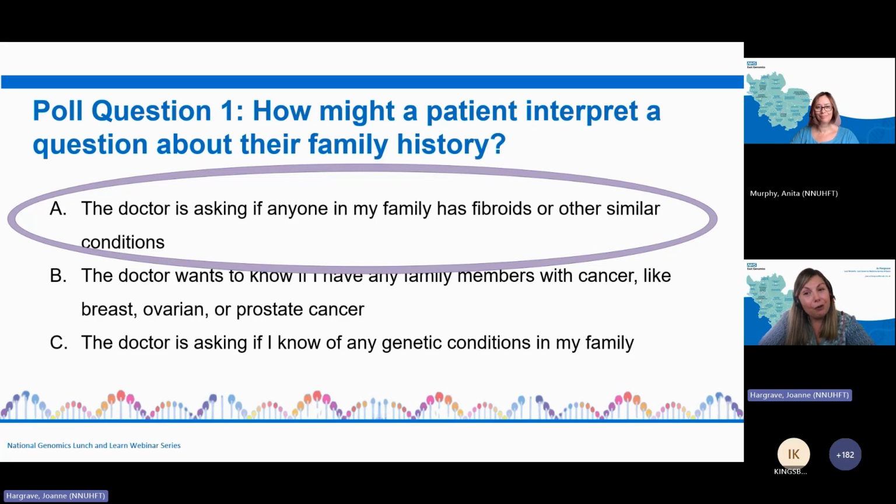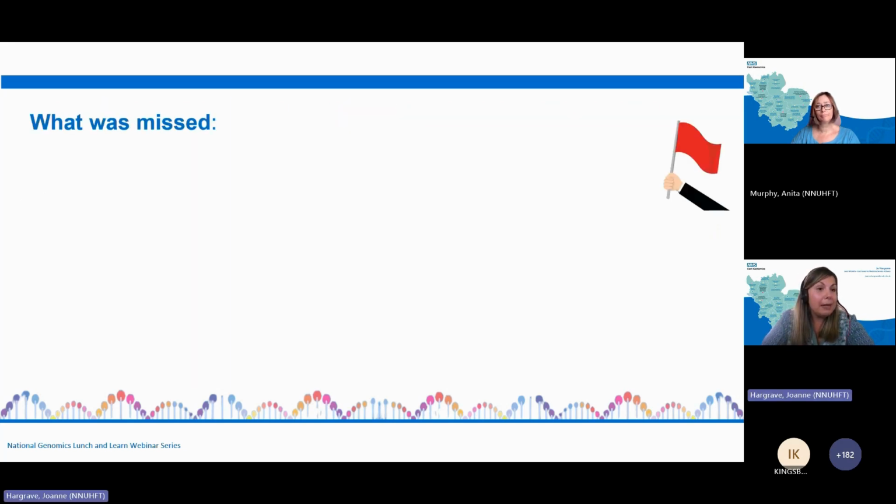However, clinicians are often asking about family history to identify broader hereditary risks, such as cancers, which may not immediately seem connected to fibroids, but could influence that care and treatment decision. So really, patients may benefit from some clarification about what relevant family history entails to ensure they provide the most useful information. So what was missed?